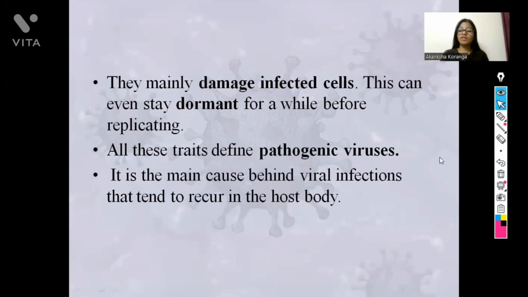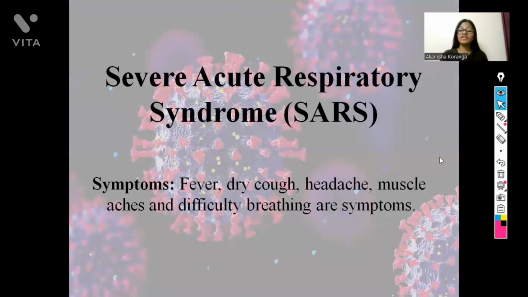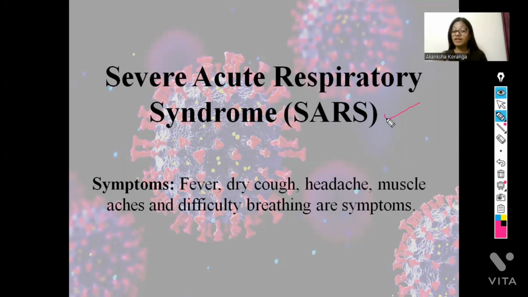Now, moving on to our next slide, we will see a certain disease known as SARS. The full form of this disease is severe acute respiratory syndrome. Why are we discussing this particular disease? Because it is given in your NCERTs. SARS is a disease caused by a certain virus.